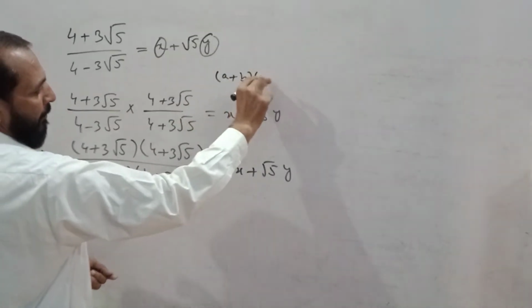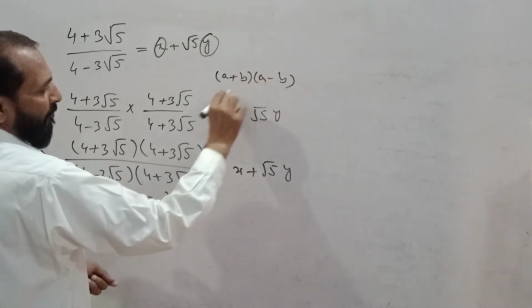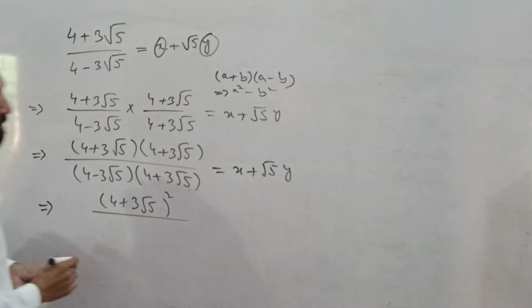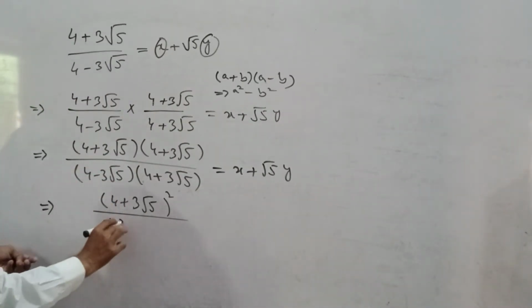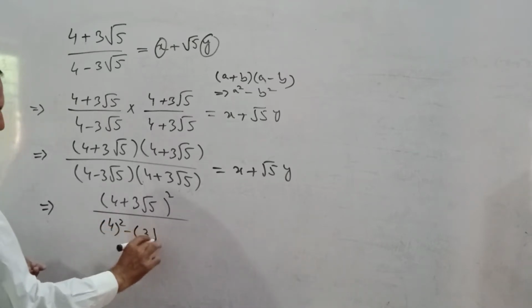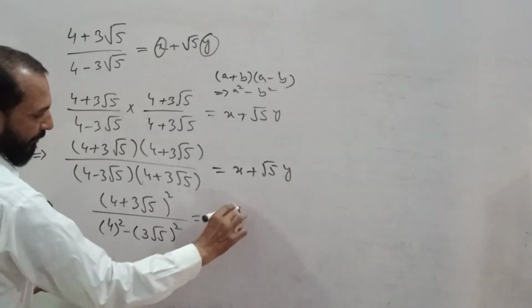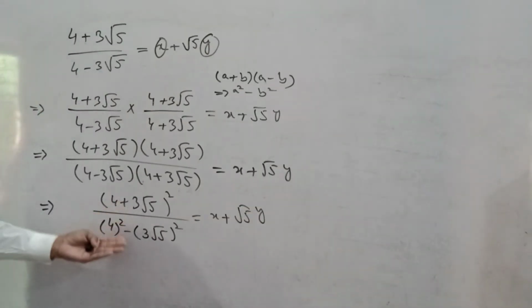So we can use the formula: a plus b times a negative b is equal to a square negative b square. This formula we can use as the first value squared, the negative sign, and the second value squared, with x plus square root 5 times y.